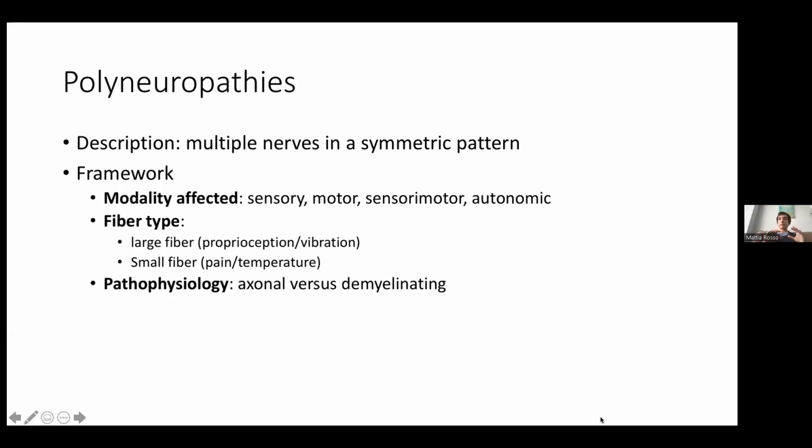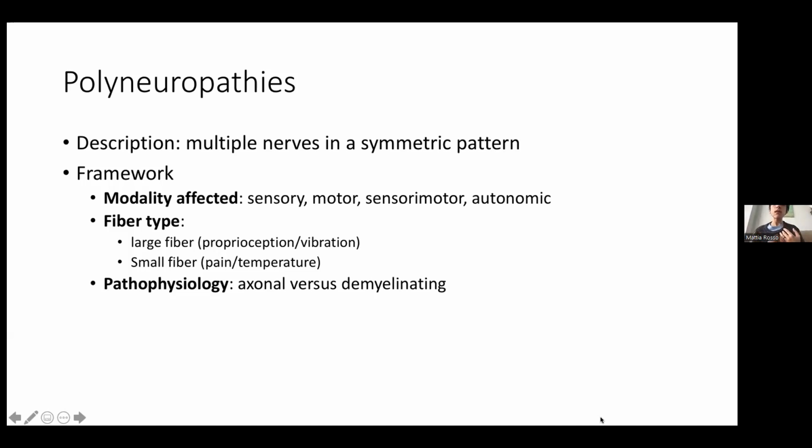And then you're also right, some nerves are myelinated, some nerves are unmyelinated, right? And those that are myelinated are mostly the large fiber nerves, and they carry more advanced modalities like vibration sense and proprioception. Whereas the small fiber nerves that do not have myelin carry pain and temperature, right?